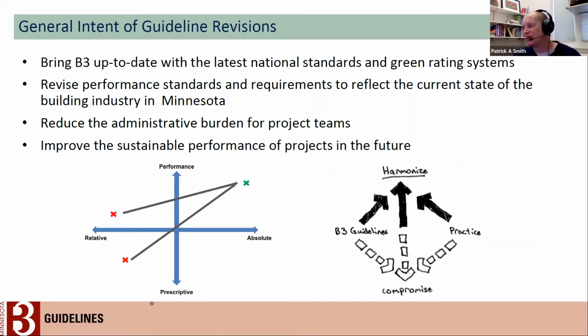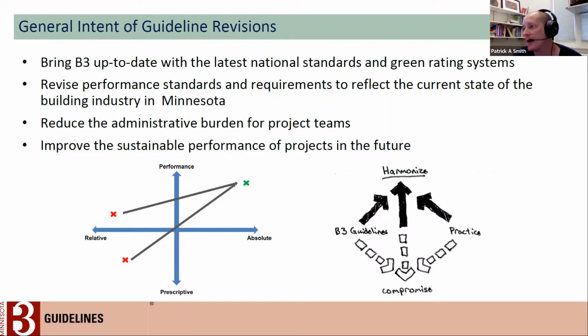So this is the 30,000-foot view: the guideline updates for B3 are intended to bring these guidelines up to date with the other efforts in this area, and also to reflect the current state of the building industry in Minnesota. That means looking at the capacity of the design and construction marketplace to determine what is feasible in terms of more aggressive sustainable strategies.